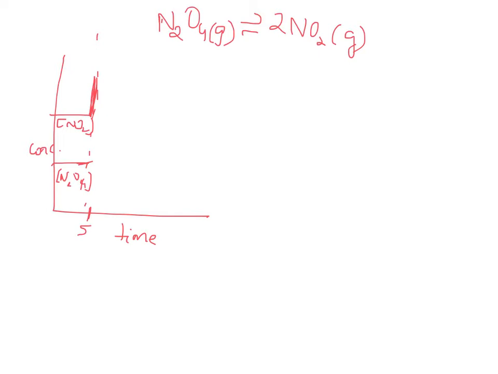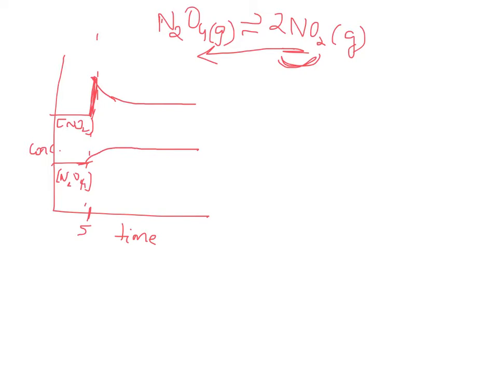What does that mean? That basically means that you are going to have a new equilibrium setup where, because of the increase of the amount of NO2, essentially the backward reaction has triggered off. NO2 becomes your reactant, so the concentration is going to start going down. On the other hand, N2O4 is the product, so the concentration is going to start going up until it becomes a new constant.